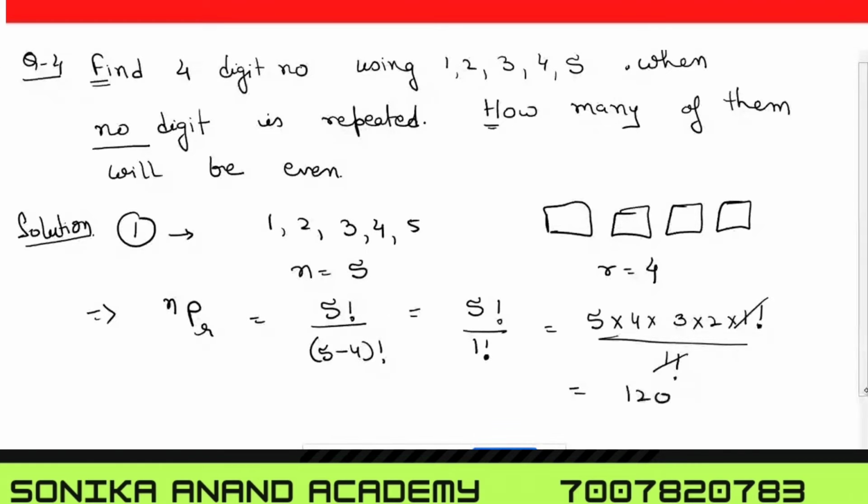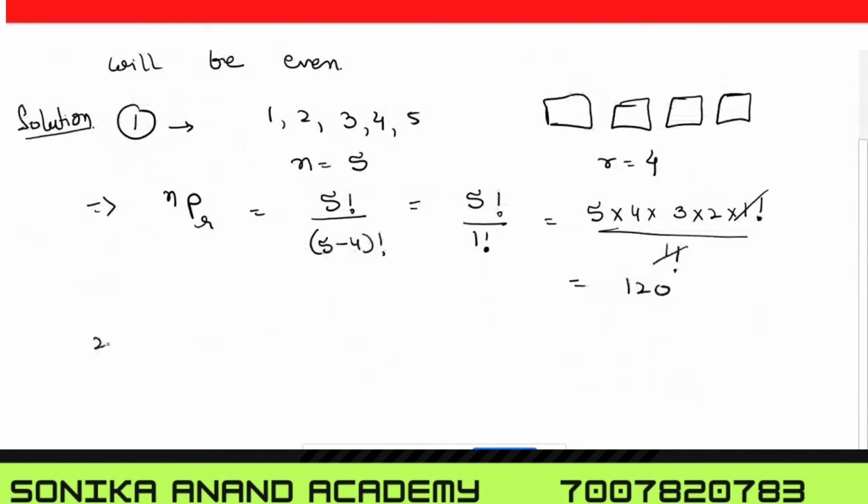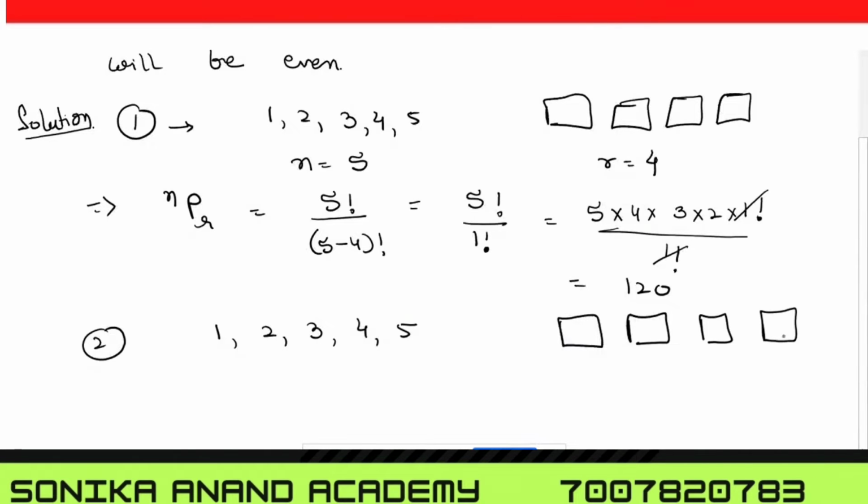Listen. For the second part, we have the choices 3, 4, 5. Be attentive, it will help you a lot. Now in the last place, we have to fill the even number. So how many choices do we have? 2 and 4. Clear?